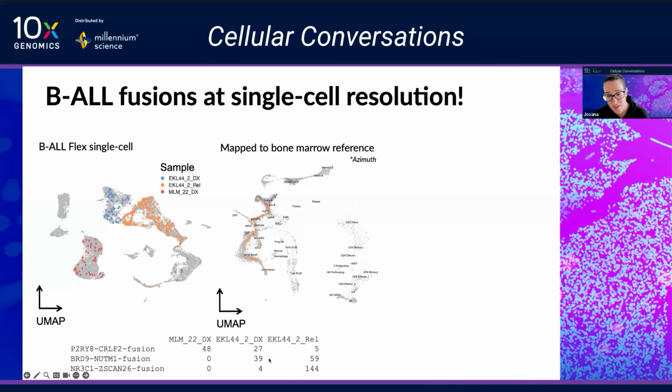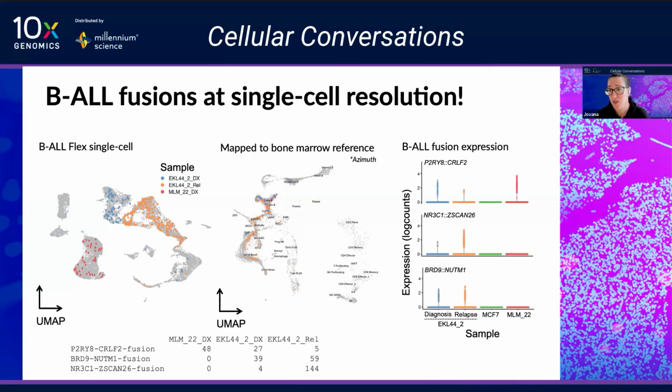As you can see down here, the numbers that we were detecting, however, were quite low, only tens to hundreds of cells where we were detecting the fusion expression. But what was encouraging was that even at these low numbers of fusion cells detected, we were seeing the expected pattern of expression. On this expression plot, you can see our 4 samples. We obviously don't see any of the patient fusions expressed in the MCF7 as we expected.